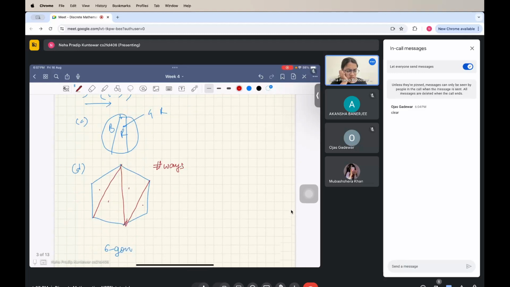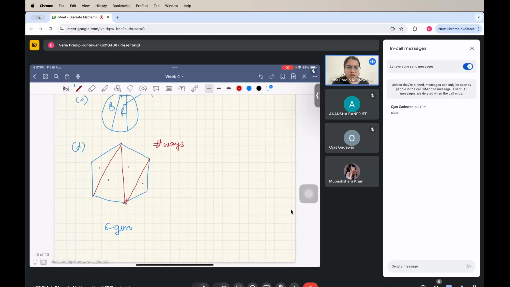The one context in which we saw the Catalan number is the number of monotone walks without crossing the boundary.